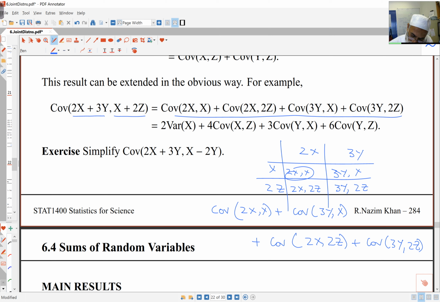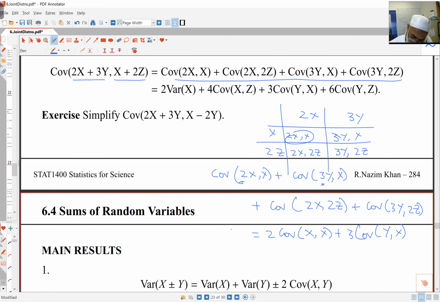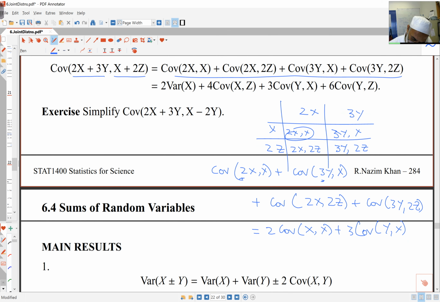So you can put the thing together in this kind of table if you wish, and then all that happens is the numbers come outside. So the 2 comes outside and I get twice the covariance of X with X. The number here is 3, so I get 3 times the covariance of Y with X. Then again the number comes out, and I get 4, the 2 and the 2, times the covariance of X with Z. The 3 and the 2 come out, and I get 6 times the covariance of Y with Z. And I can collect terms if I wish.